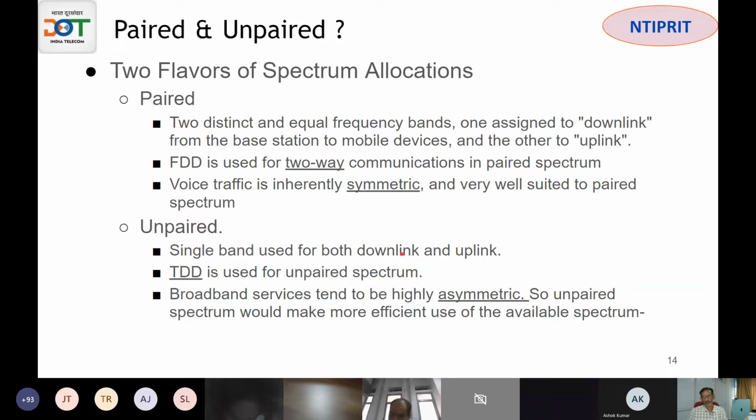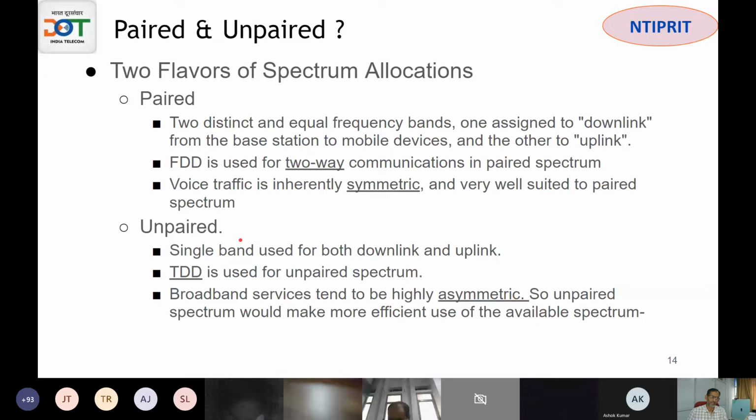Most was downlink dominated, but now since a lot of very highly capable mobiles have come and due to various other applications, the uplink is also increasing. But this ratio can vary from site to site because of the usage pattern at the given location.